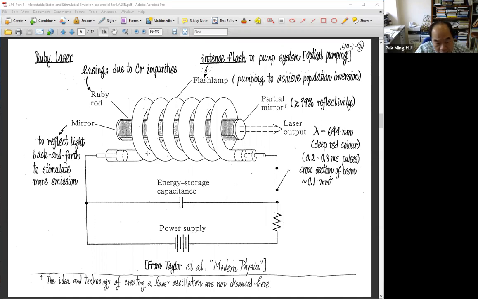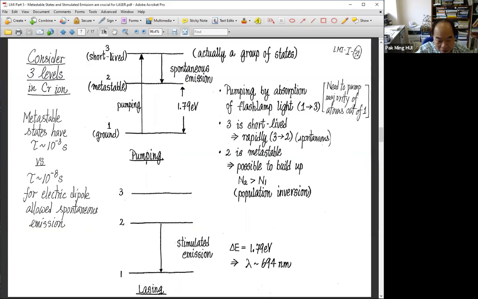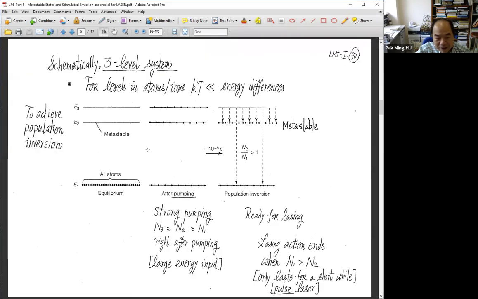And you see something like a flash lamp is enclosing this ruby rod. That is the pumping device. So you use electricity, make this light, boom, shine on it. Then quite not selectively, just give energy to all these atoms and see where they will go, okay?